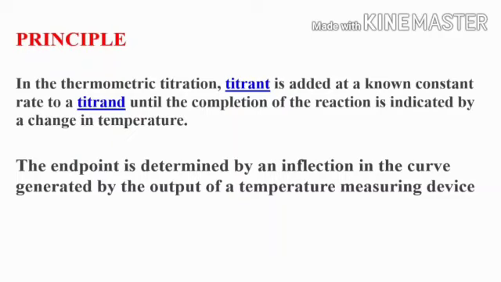The endpoint is determined by the sharp break in the titration curve, that is, by an inflection in the curve. The endpoint is generated by the output of a temperature measuring device.